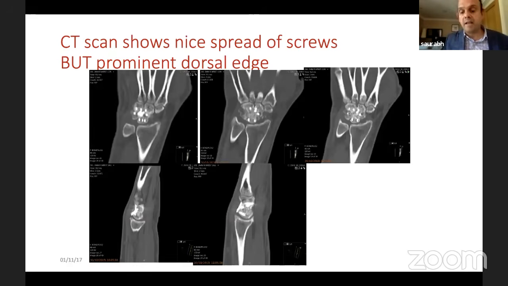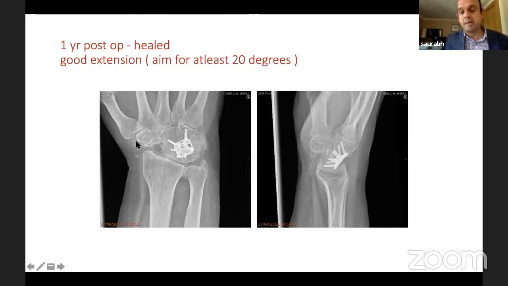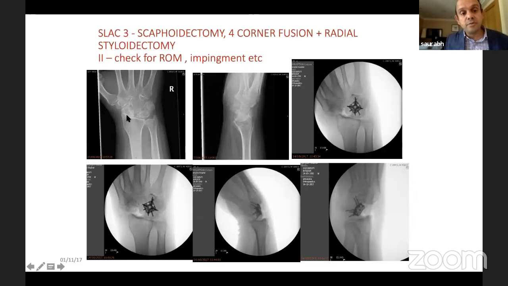Obviously, if you get a SLAC 1 or a SLAC 2, for example, here, if on a wrist scope your mid-carpal joint was okay and your radiolunate joint was okay. So if it was a SLAC 2, then I can do a PRC because this pole is pristine, this cartilage is pristine, or I can excise the scaphoid and do a four-corner fusion.